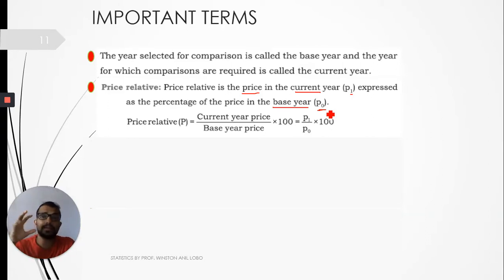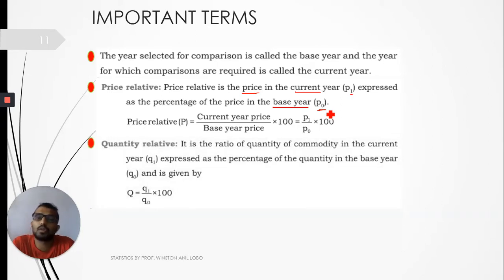The price relative is the price in the current year expressed as the percentage of the price in the base year. What's the formula? Current year price by base year price into 100. P1 by P0 into 100. This is the formula for price relative. Understand? Price of the current year by price of the base year into 100. This is called price relative.